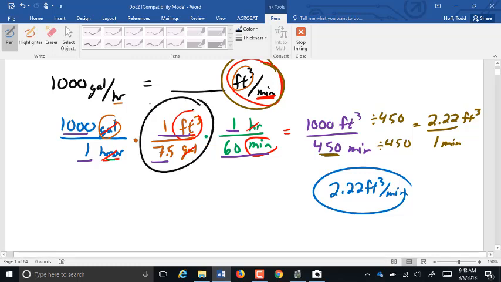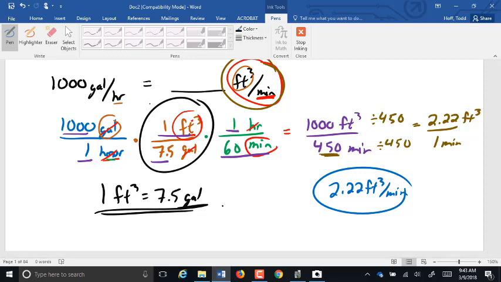That's a conversion that you would have to look up, knowing that 1 cubic foot is equal to approximately 7.5 gallons. So that's the equivalency, just like 1 foot equals 12 inches or 1 meter equals 1,000 millimeters. That's an equivalency that you would have to look up. Now, that's not in this textbook.